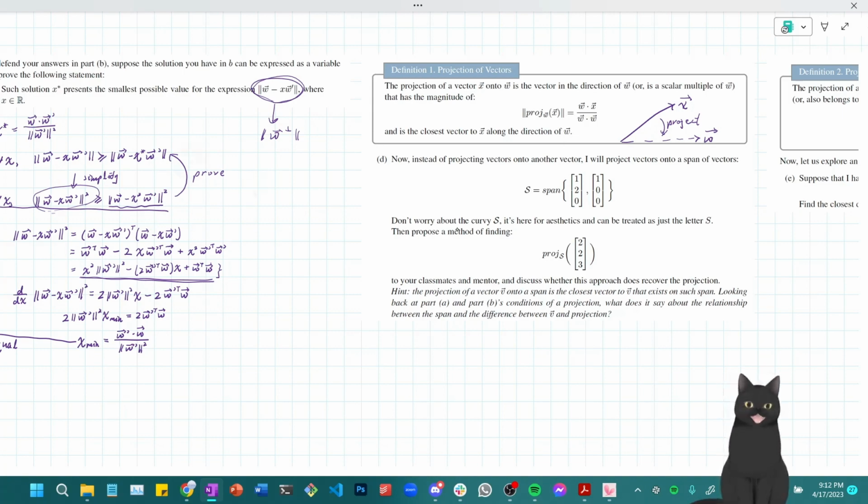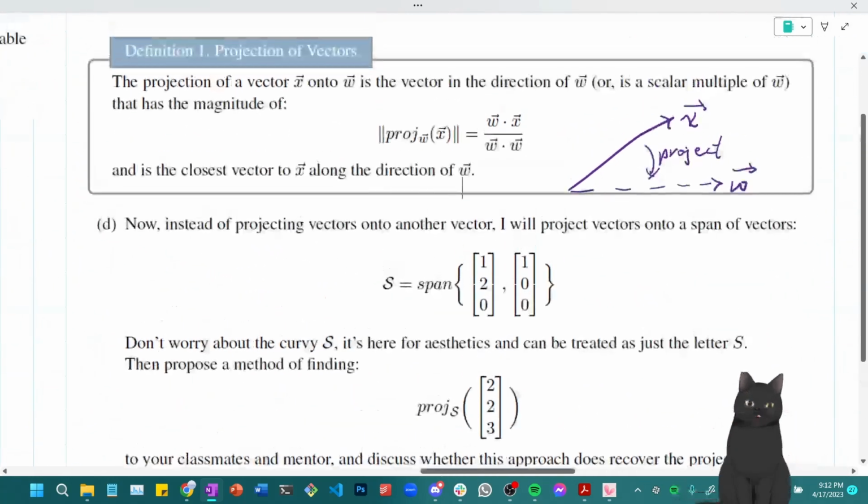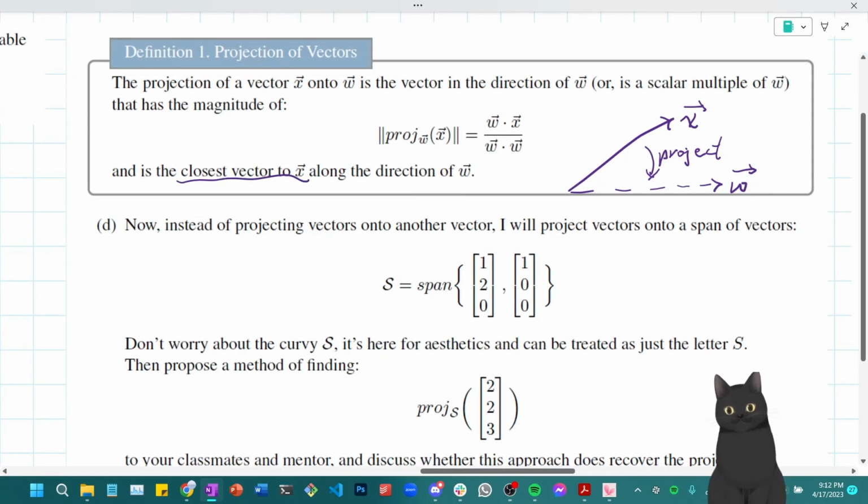The difference between x and its projection onto w can be written as the difference between x and beta w, where this beta w is the projection of x onto w.